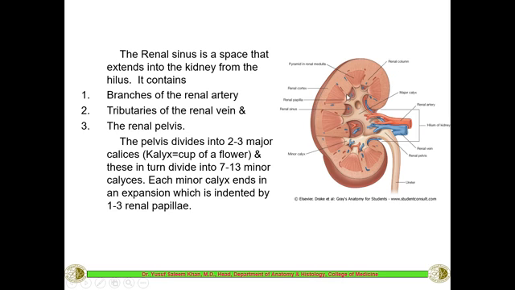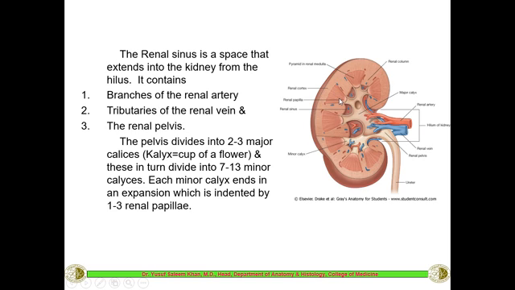These minor calyces will be expanded, and within this expanded part there will be indentation of the pyramid of the pelvis. The apex of the pyramid will be opening into these calyces. So 1 to 3 renal papillae or the renal pyramids will be opening into each minor calyx.